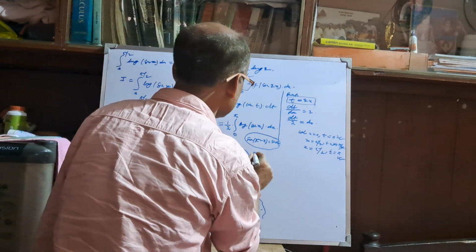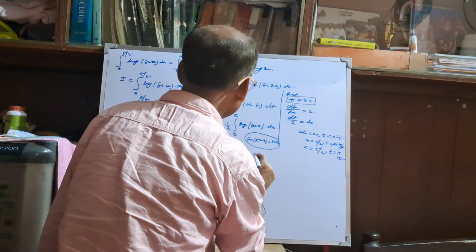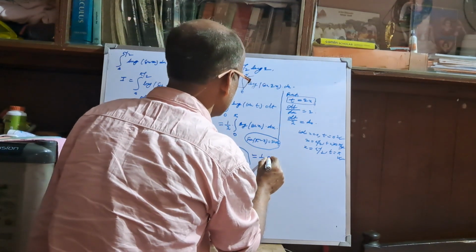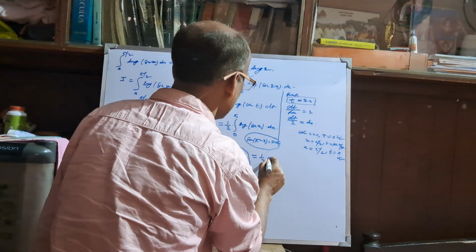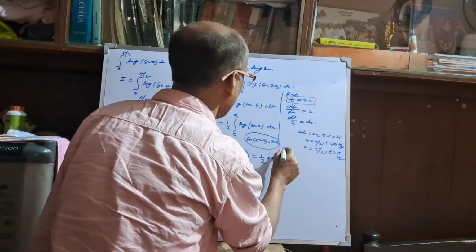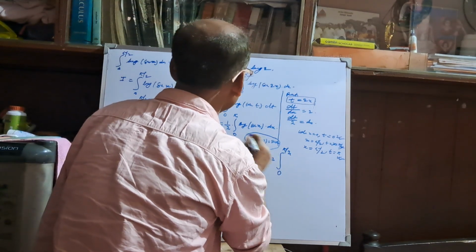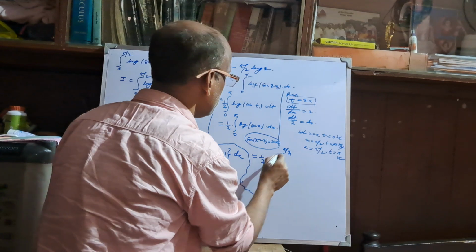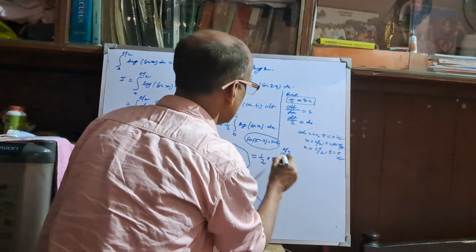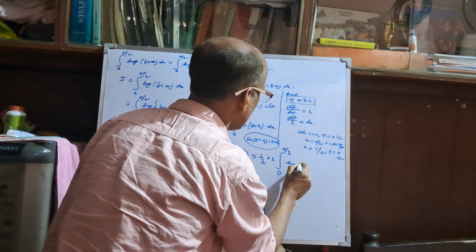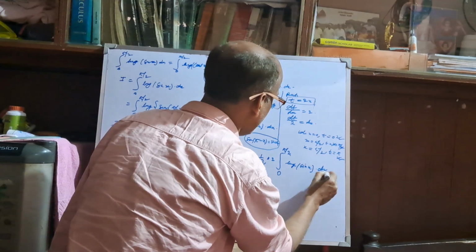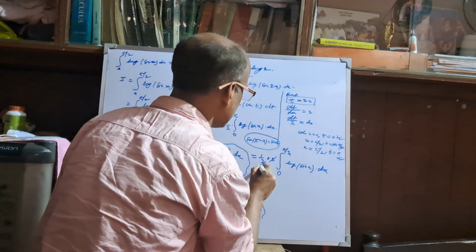I can write after these steps, 1 by 2, and this is actually 2, and this is 0 to pi by 2. When I multiply with 2, the upper limit is divided by 2, and that is equal to log sin x dx. Okay, so 2 has been cancelled out.